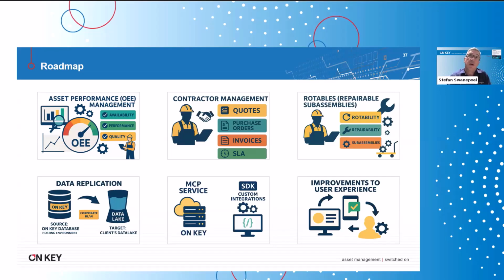Simultaneously, we'll also be looking at, as things like AI and large language models and different ways of interacting with the system come into play, also addressing that. Future OnKey would be a system that you don't just click through menus and enter field data in forms, but that you can, in a more conversational way, interact with the system to get data out of it. So just a few highlights. There's a couple of other things as well that we'll be working on, but a few that I thought to mention in the next months, highlights that we're looking forward to.